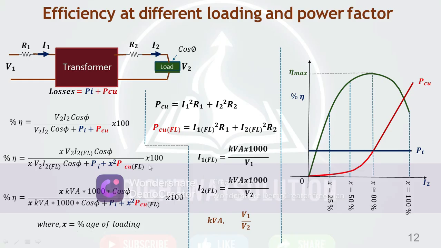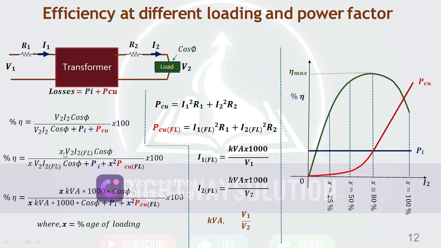If you consider 100% loading capacity of the transformer, for half loading you just maintain 0.5, and for 75% loading you write only 0.75.